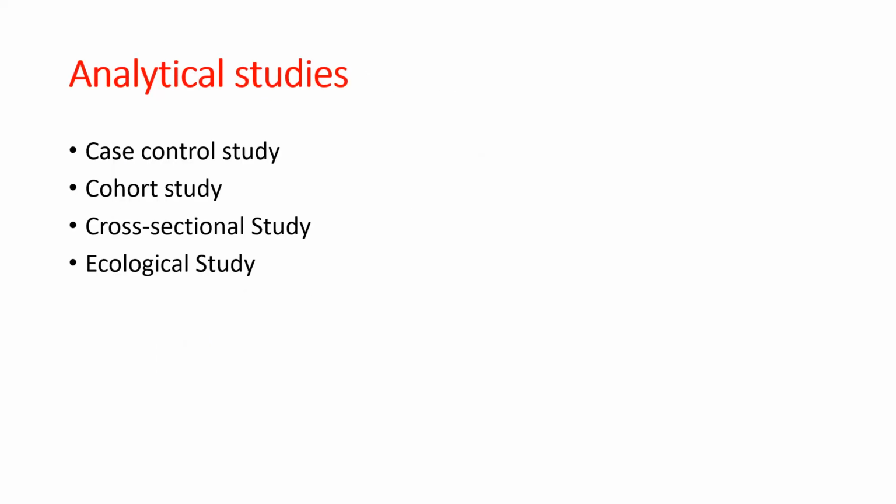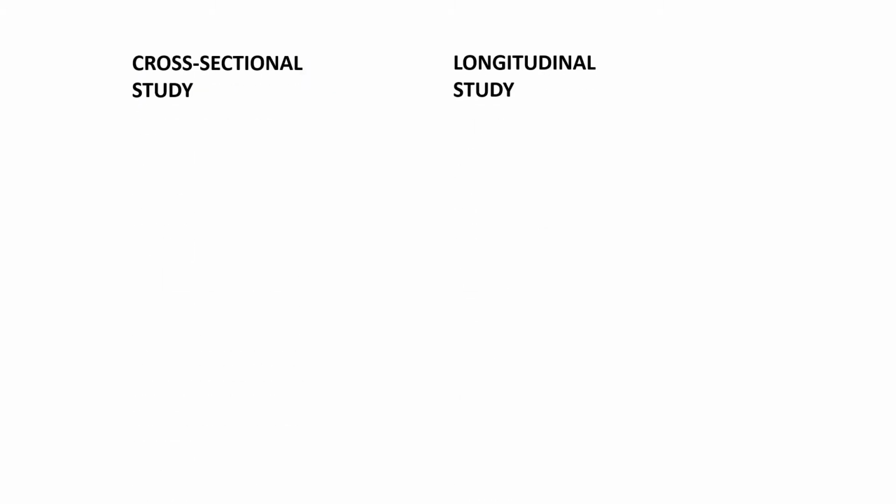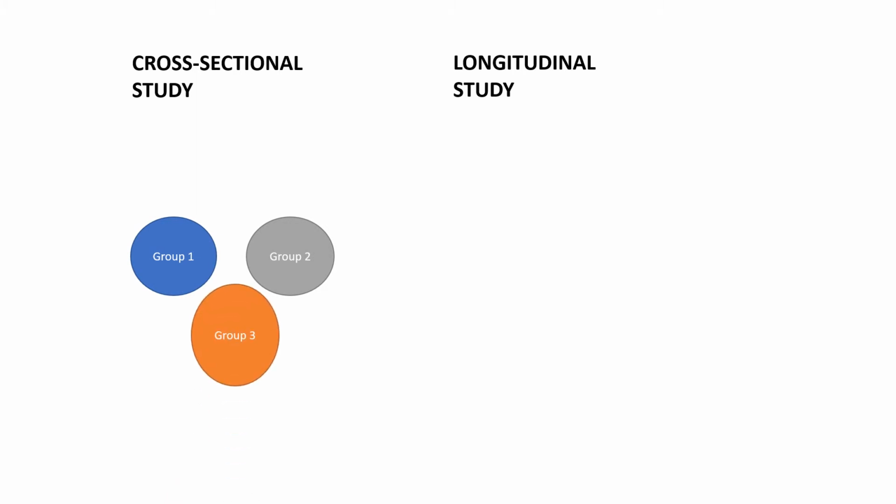Now let us discuss the analytical studies. These involve the case control studies, cohort study, cross-sectional studies, and the population-based ecological studies. Let's get a visual of these two, comparing the cross-sectional study and the longitudinal study.